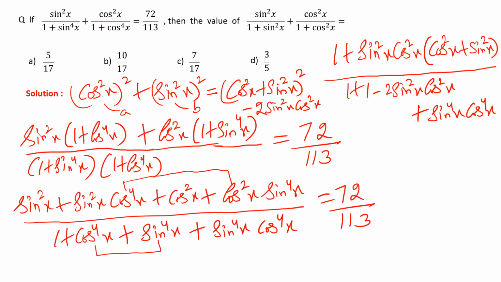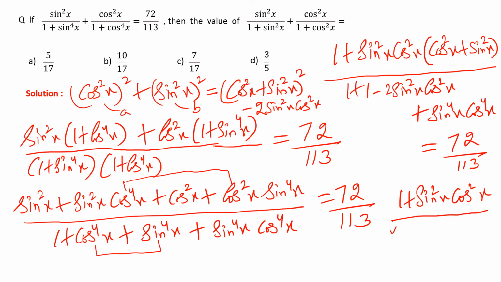Fine. Now this expression is equal to 72 upon 130. Right? Now let's simplify it further. It becomes 1 plus sine square x into cos square x divided upon 2 minus 2 sine square x into cos square x plus sine x power 4 into cos x power 4.